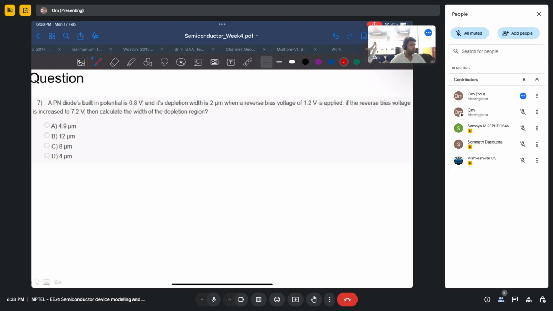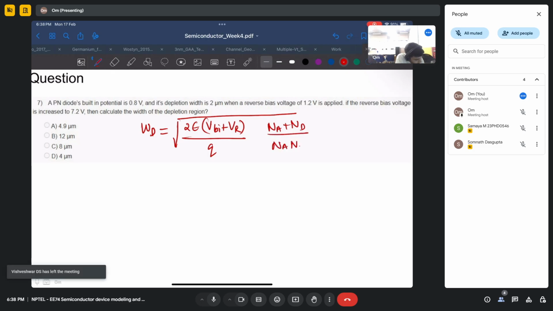Let's see how to solve this question. If you know WD, how do we calculate WD? It is under root of 2 epsilon (VBI plus VR, this is the reverse bias voltage) upon Q, into (Na plus Nd) upon NaNd.